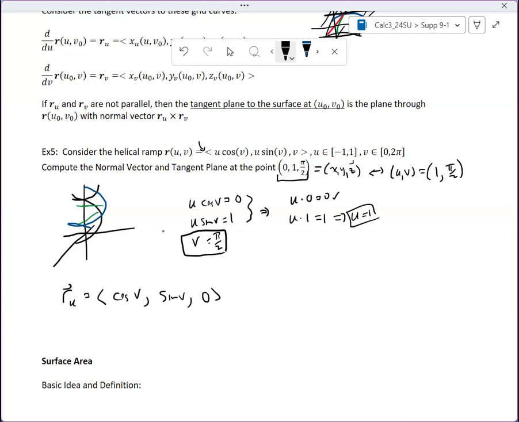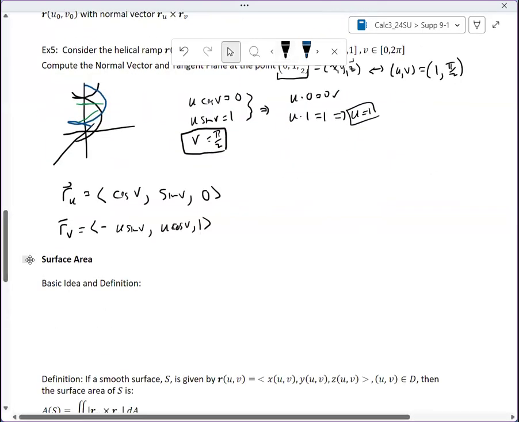The third component is only v, so its u partial is 0. And dr dv is negative u sine v, u cos v, comma 1.